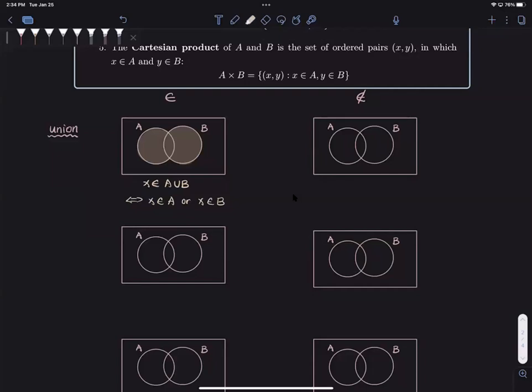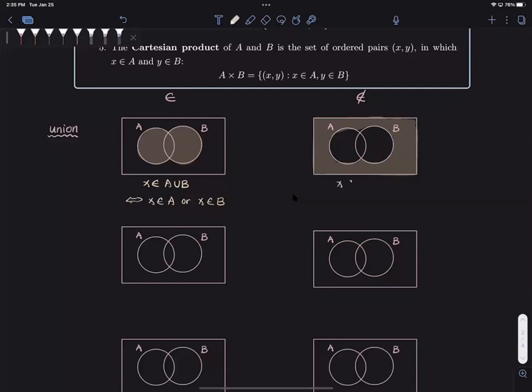What people do not know is what if it's not in A union B? That means it's not in what we highlighted. So it's going to be in the outside area, right? It's not in what I highlighted in the first picture. It could be anywhere here.